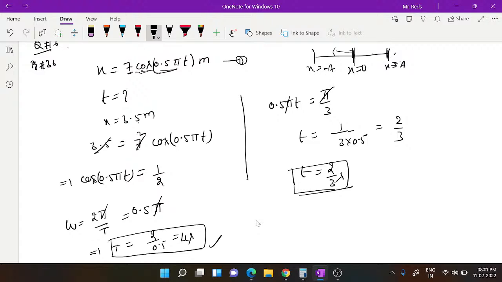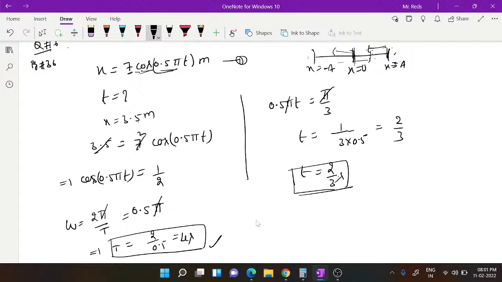Otherwise, moving from here to here takes 2 by 3 seconds, but that is not from mean position to this point.